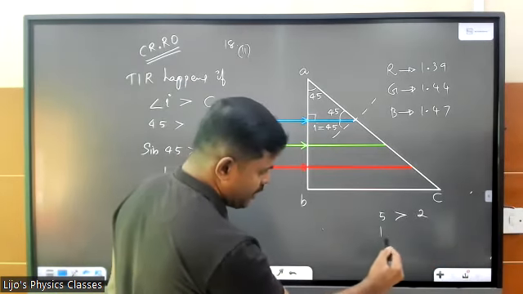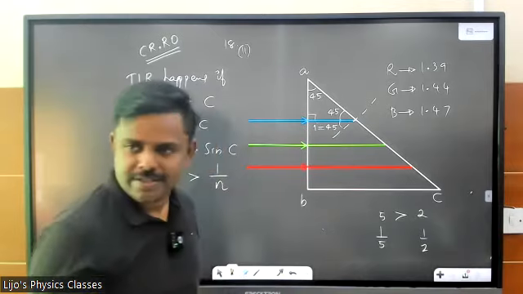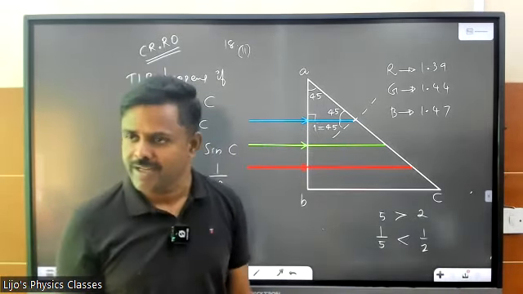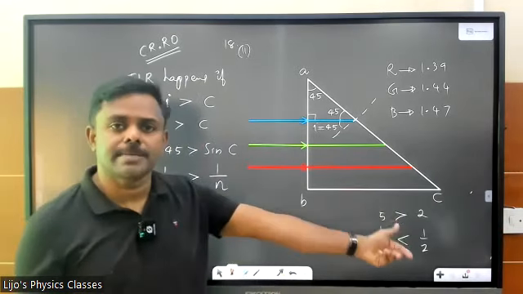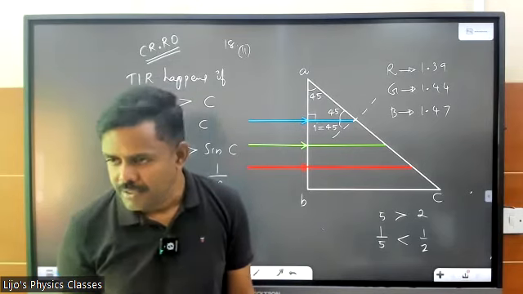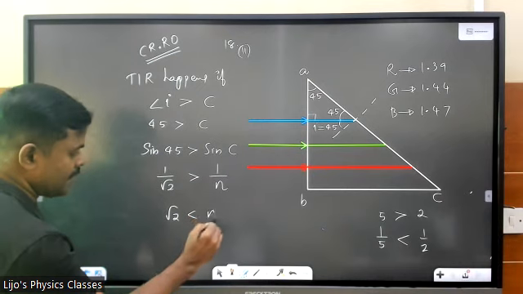If you take the reciprocals, 1 by 5 and 1 by 2, 1 by 2 is greater. So 1 by 2 is greater than 1 by 5. When you take the reciprocal, you must reverse the direction of the inequality symbol. So root 2 will be less than n.